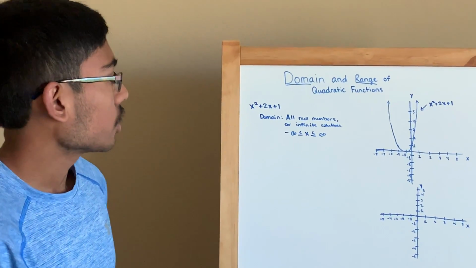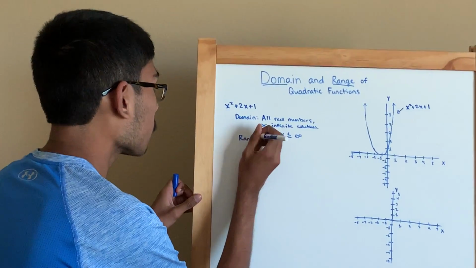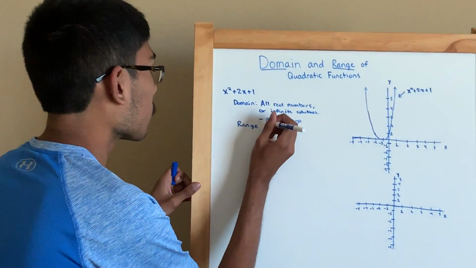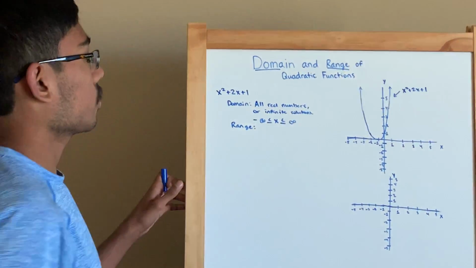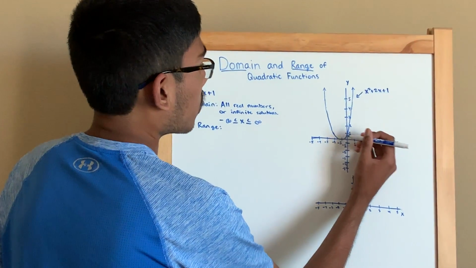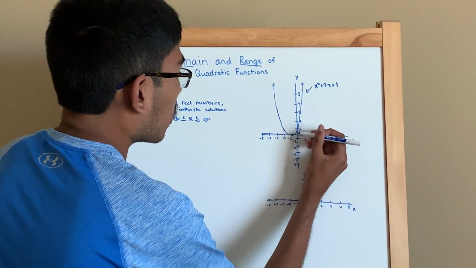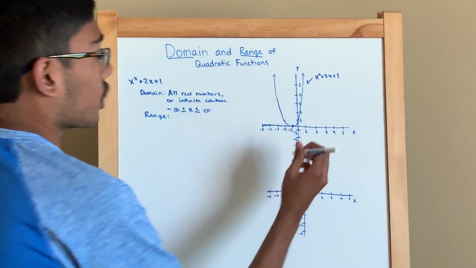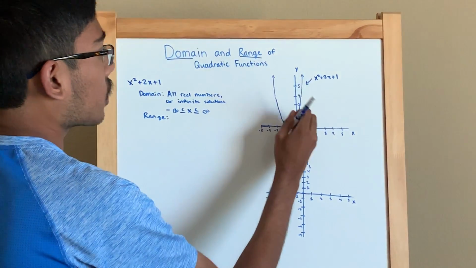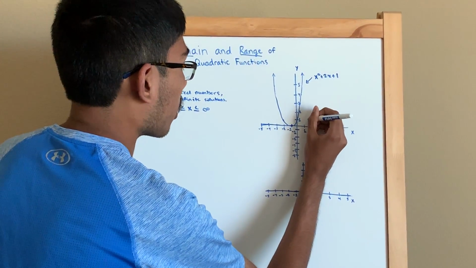Next, we'll do the range. So as you see here, the range is at -1. So what we write here is, as the graph is going upwards instead of downwards, this will be greater than or equal to.